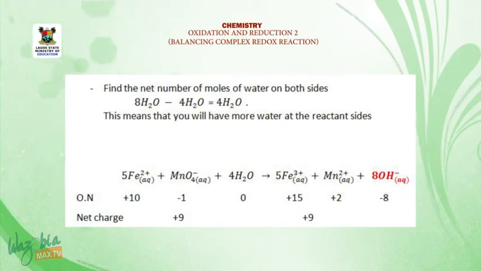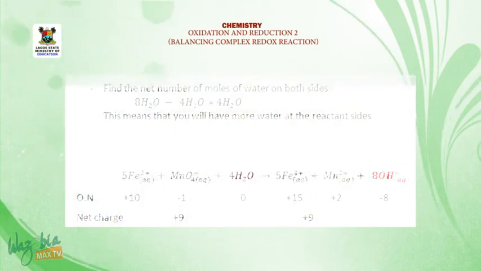Therefore, we have a balanced equation as 5 moles of Fe2+ plus 1 mole of MnO4 minus plus 4 moles of water to give us 5 moles of Fe3+ plus 1 mole of Mn2+ plus 8 moles of OH minus. And when you look at the net charge, you'll find plus 9 on the reactant side and plus 9 on the product side.